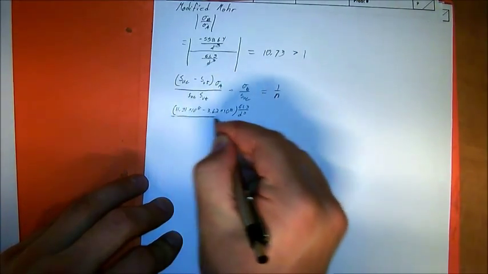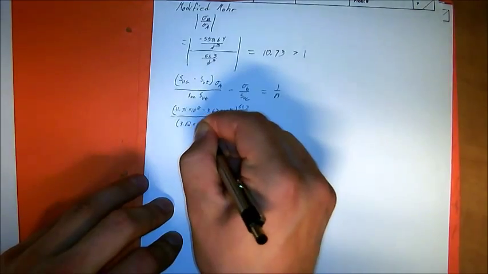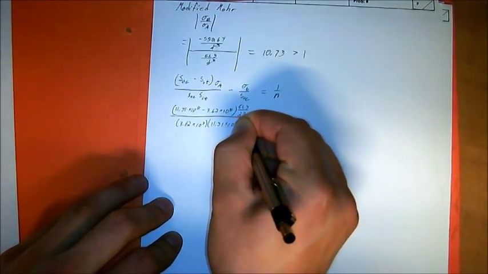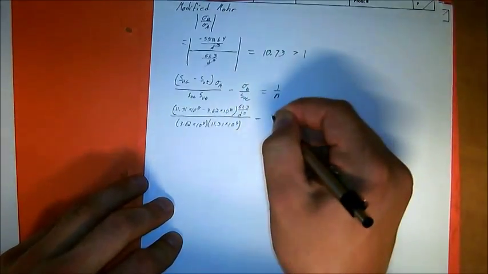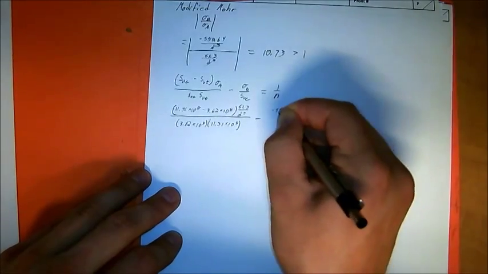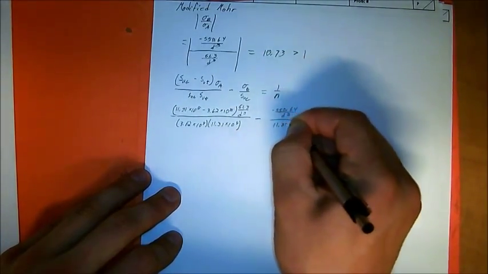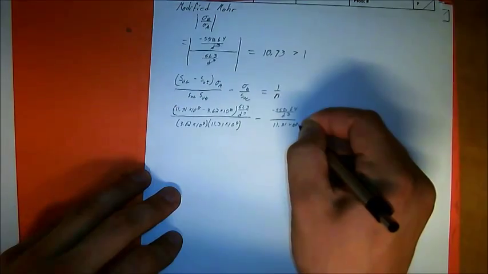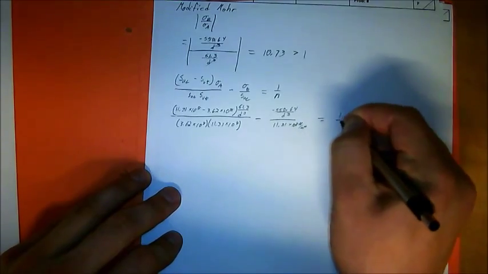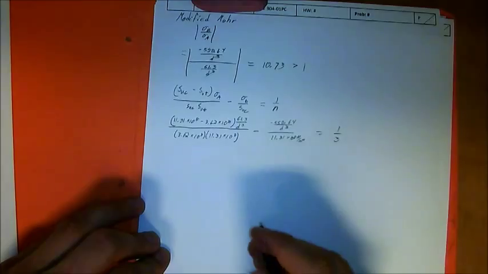And then sigma A is 51.3 all over d cubed all over 3.62 times 10 to the 8 of 11.31 times 10 to the 8 minus negative 550.64 all over d cubed all over 11.31 times 10 to the 8.